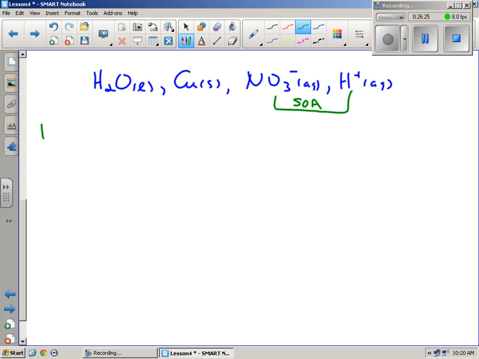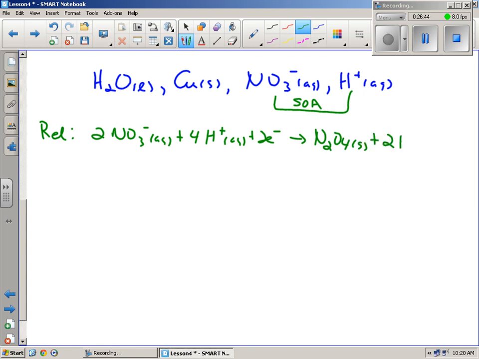Reduction half reaction is 2 NO3 minuses and 4 H pluses and 2 electrons equals N2O4 gas and 2 H2O liquids. So that's your reduction half reaction, yes? AKA, that's your SOA. Strongest oxidizing agents are those two there, combined together.